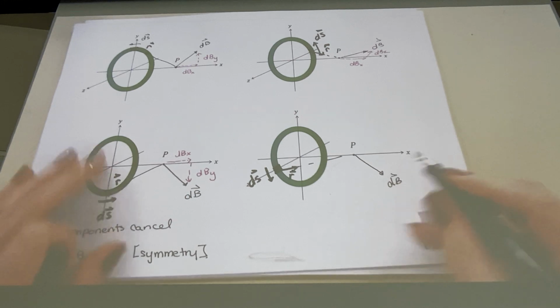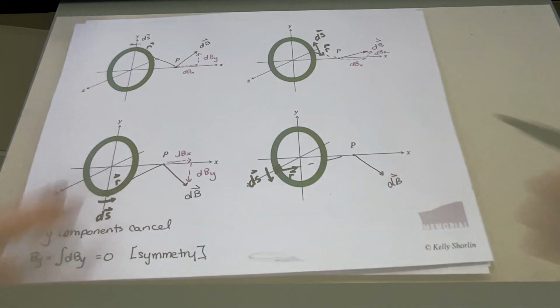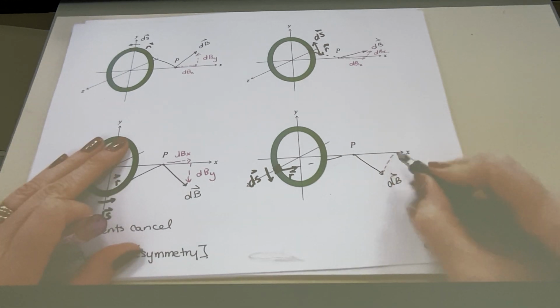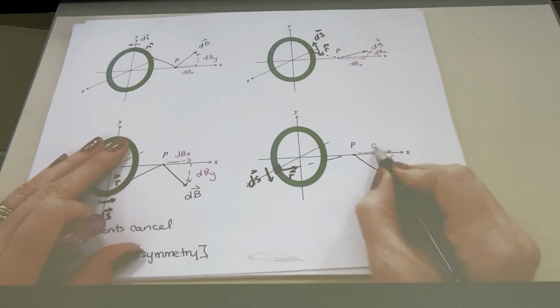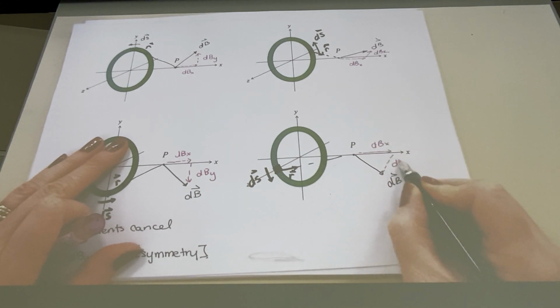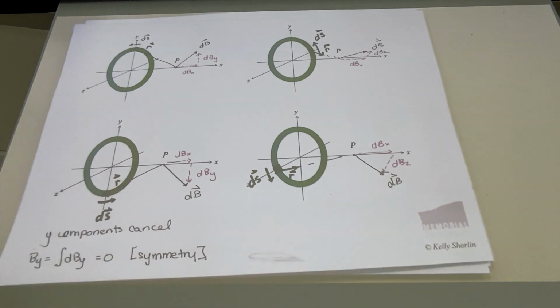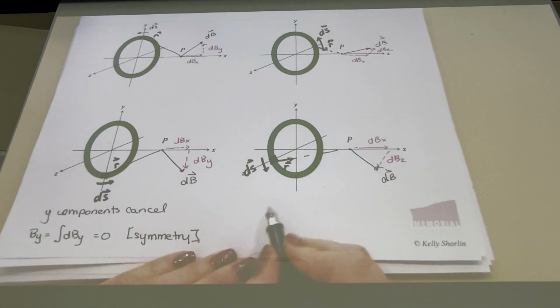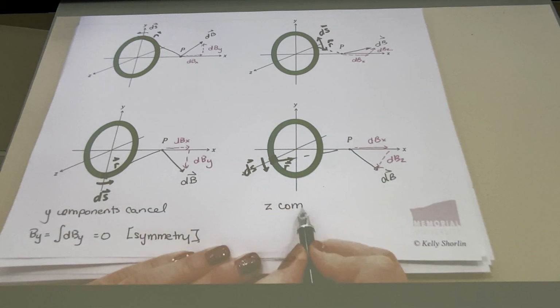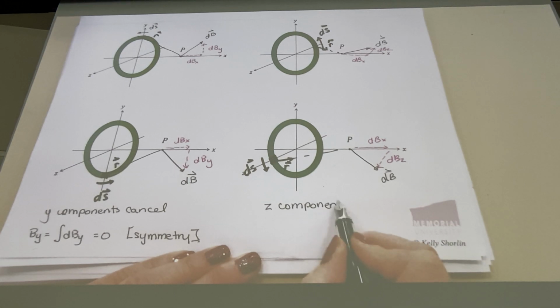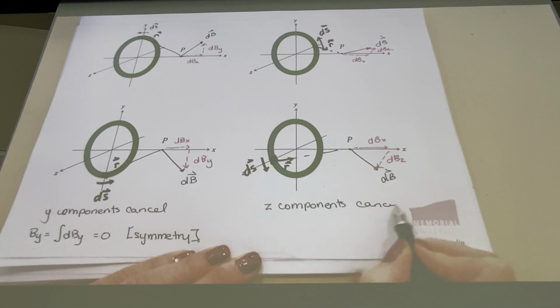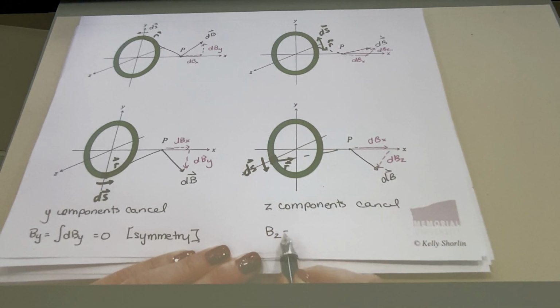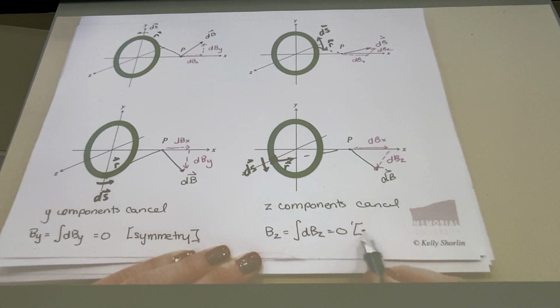There's dB this time. Okay. So in the front half of the loop, all of the z components of the magnetic field point towards the front. That tells us that the z components cancel. Or B_z equals the integral of dB_z equals 0 due to the symmetry.